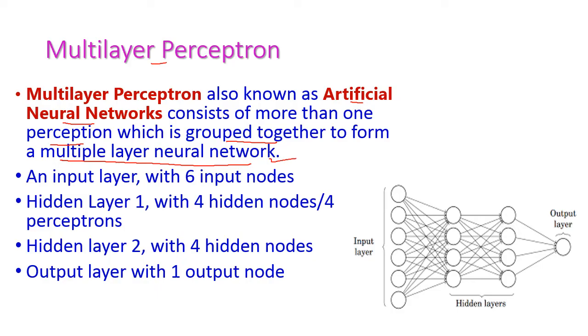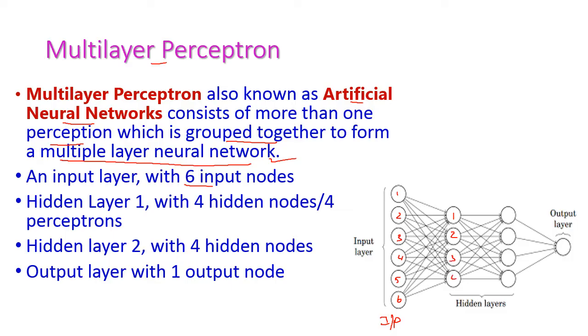Just to see this diagram here, this is the input layer. In the input layer we are having totally 6 nodes, 1 2 3 4 5 6. And second one is 2 hidden layers.